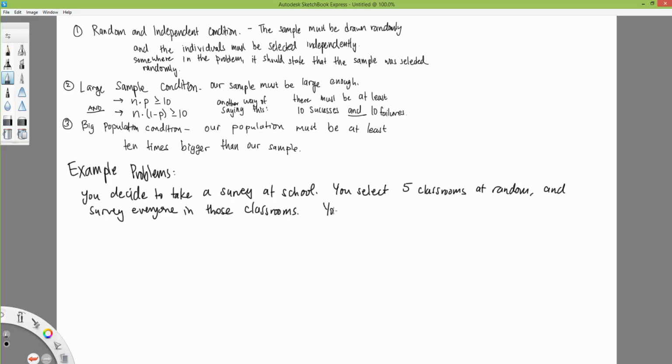You surveyed a total of 180 students. There are 6,000 students attending the school.